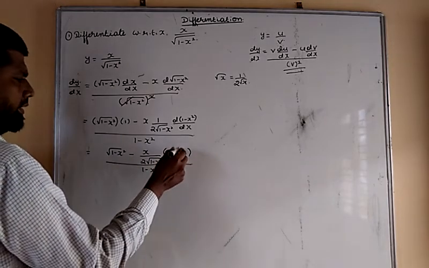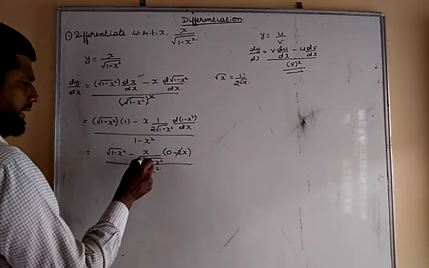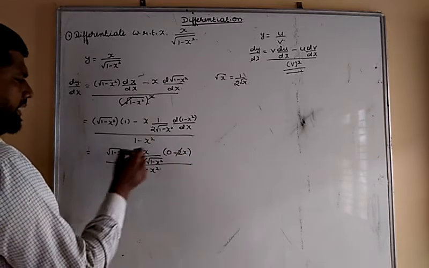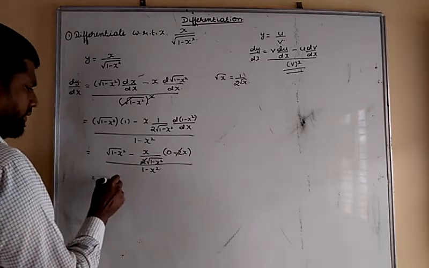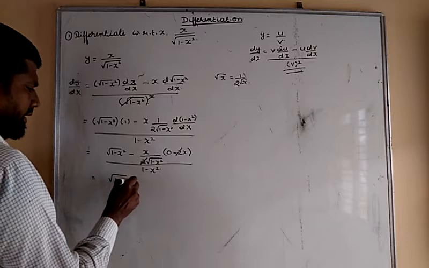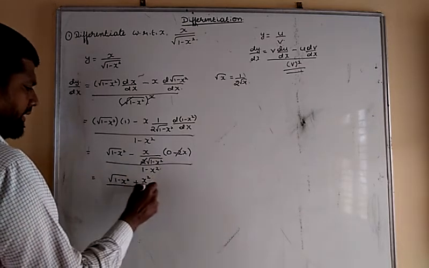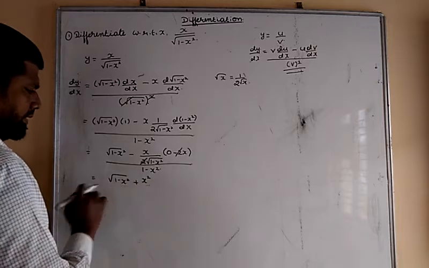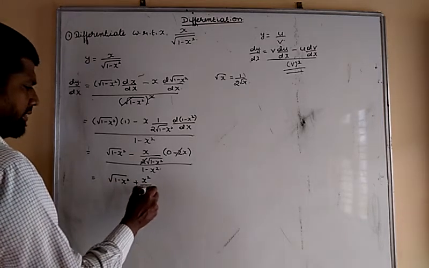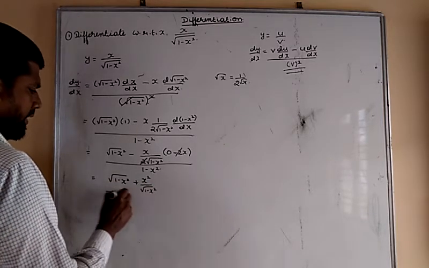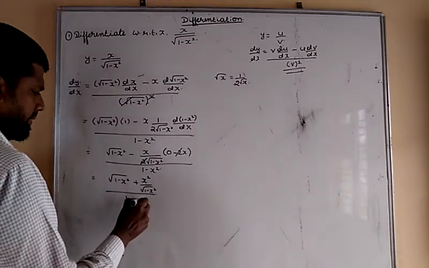Okay, then you can cancel this and this too. Then minus into minus plus, root of 1 minus x square plus x into x square by square root of 1 minus x square, whole divided by 1 minus x square.